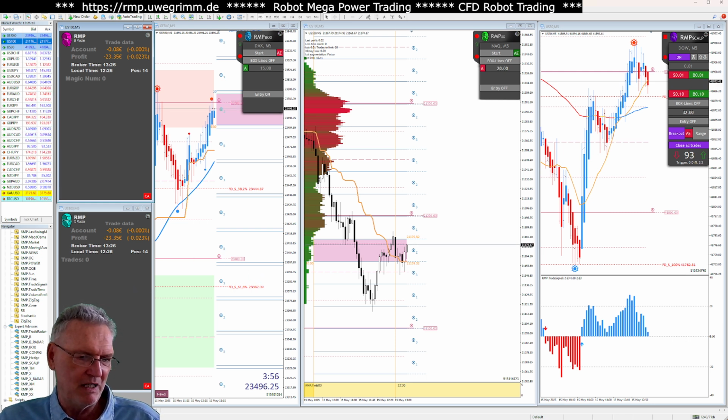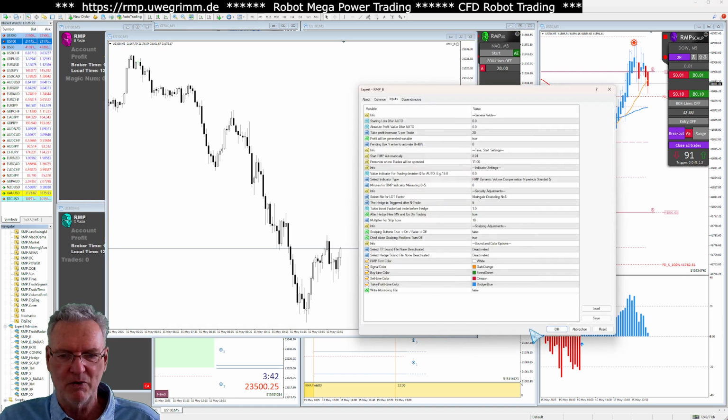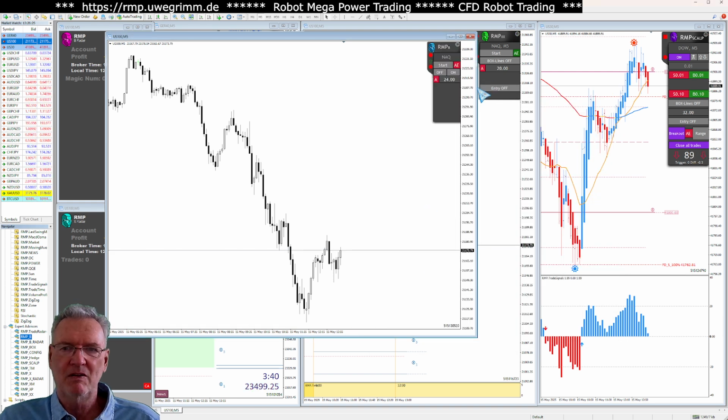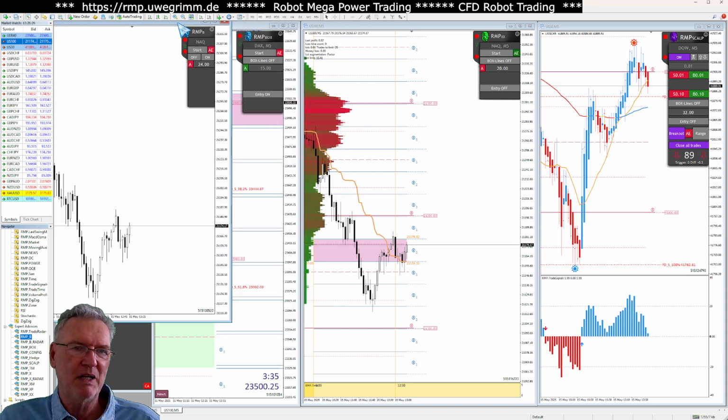We have robots in different sizes. So when you're already familiar with the big ones and you want to trade more charts, we also have the small versions of the robots. For example, the box trading robot, the small version, you see it consumes less space compared to the big one.